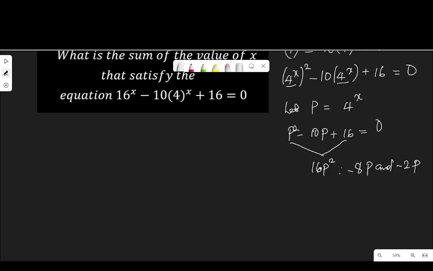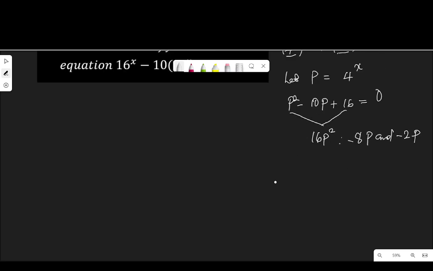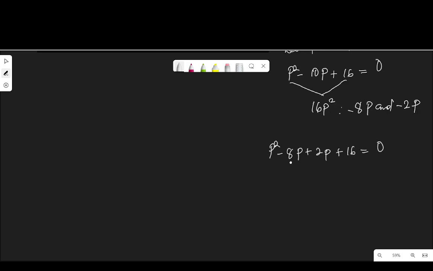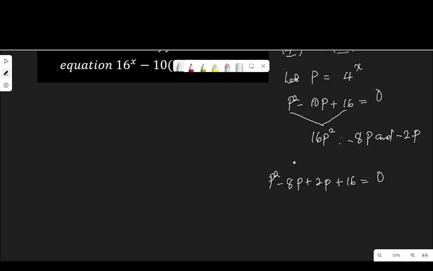Now that we know the factors, we can replace the middle term, which is 10p, with the factors, so that the equation becomes p squared minus 8p minus 2p plus 16 equals 0. Sorry, I made a mistake there.